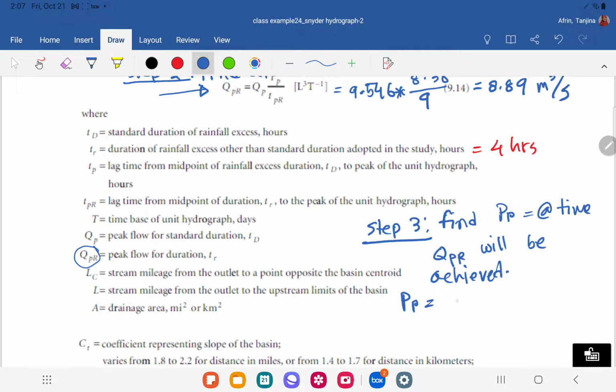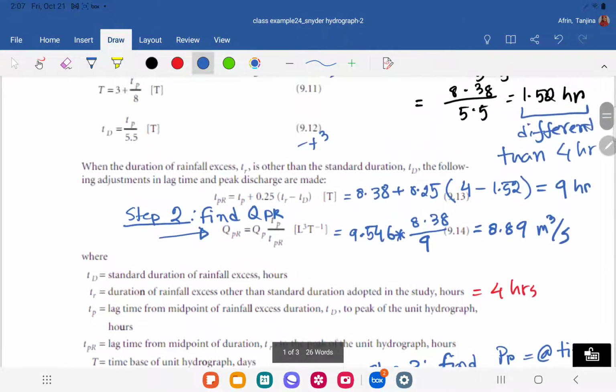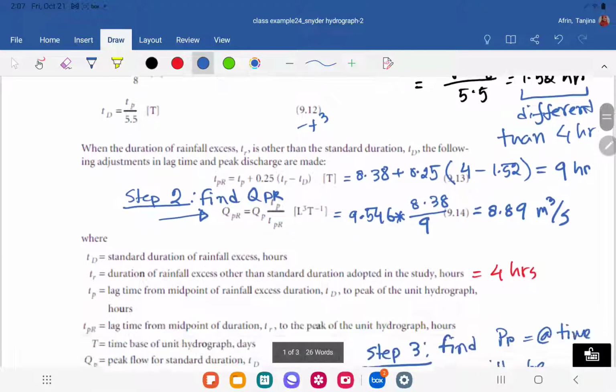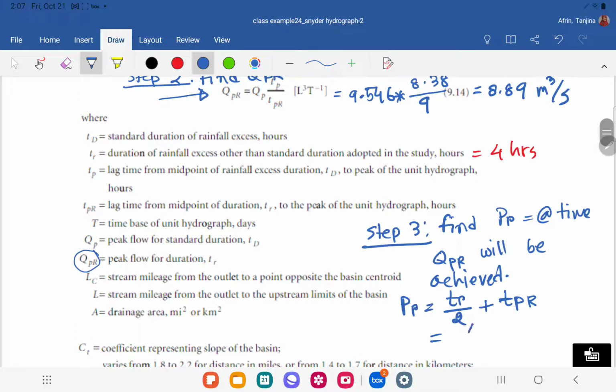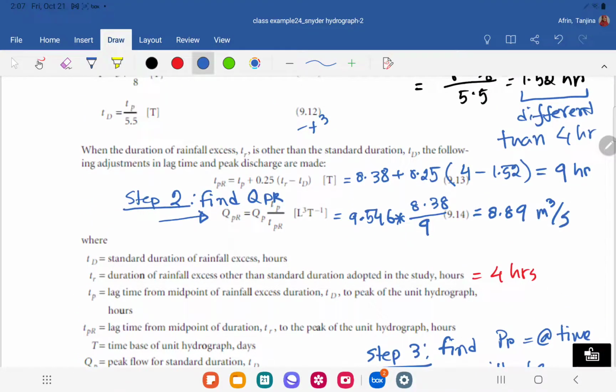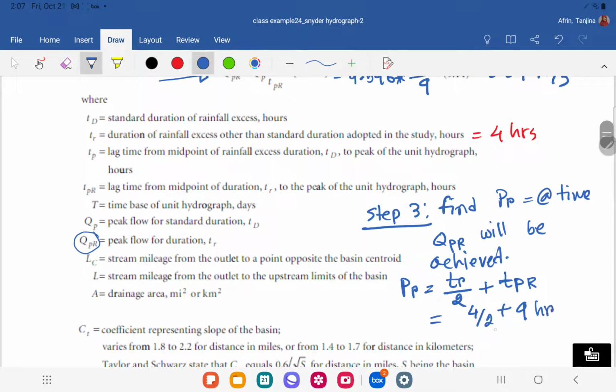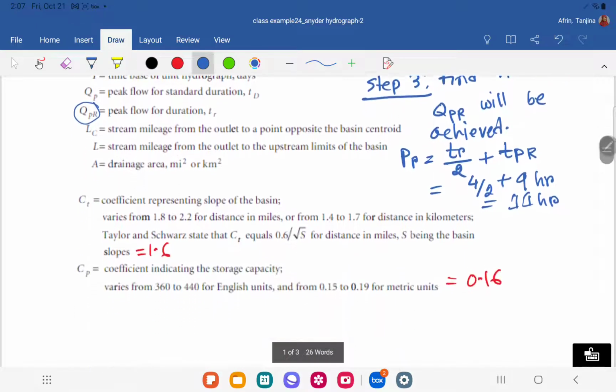PR equals TR over 2 plus TPR. So TR is 4 over 2, and TPR is what we already got, which is 9 hours. So in total that is 11 hours.